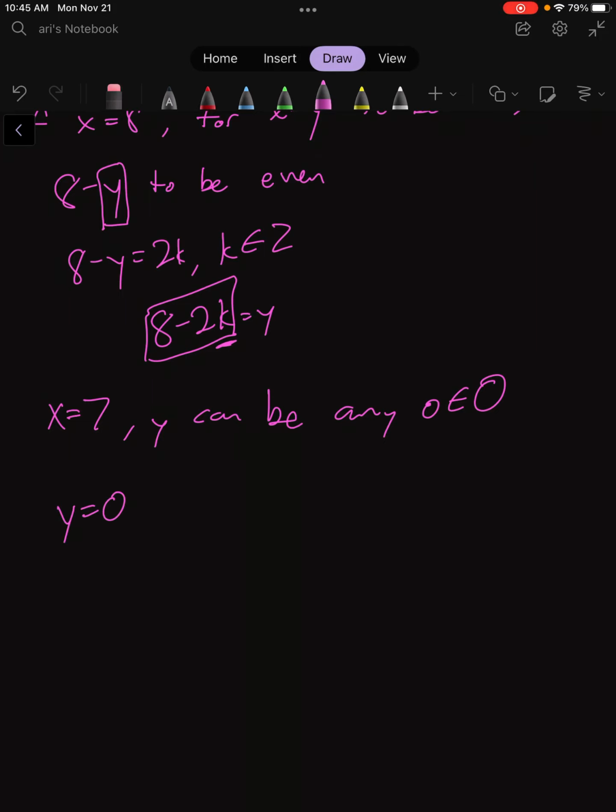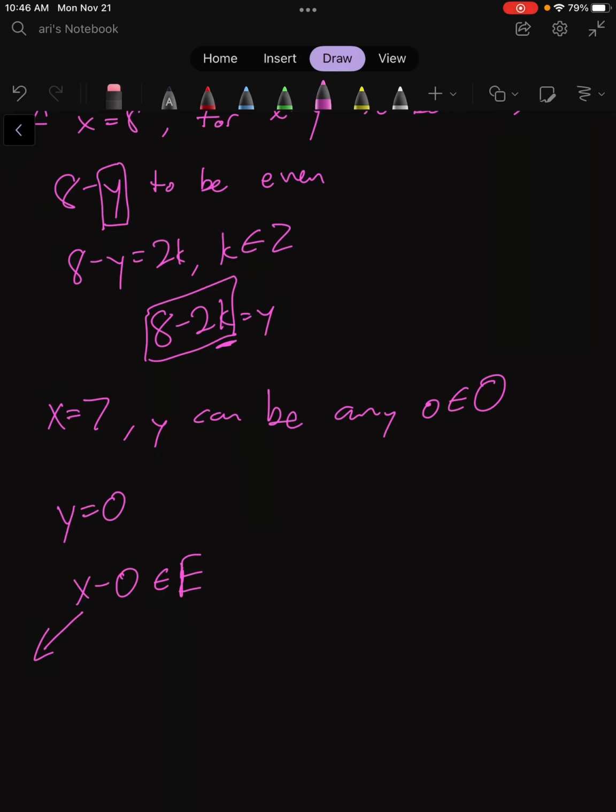Let's say y equals 0. So now we have x minus 0 is even. So that's true if x is even. So basically all we're saying is that x has to be even. x could be any even number. This is true whenever x is even.